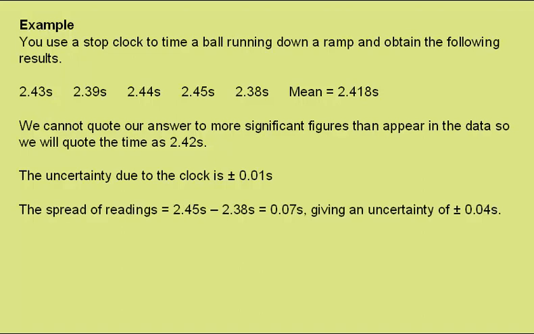The spread of the readings is our largest reading, 2.45 seconds, minus the smallest reading, 2.38 seconds, giving a spread of 0.07 seconds. Half of this is 0.035 seconds, which I'll round up to 0.04 seconds, so we can give an uncertainty of plus or minus 0.04 seconds.